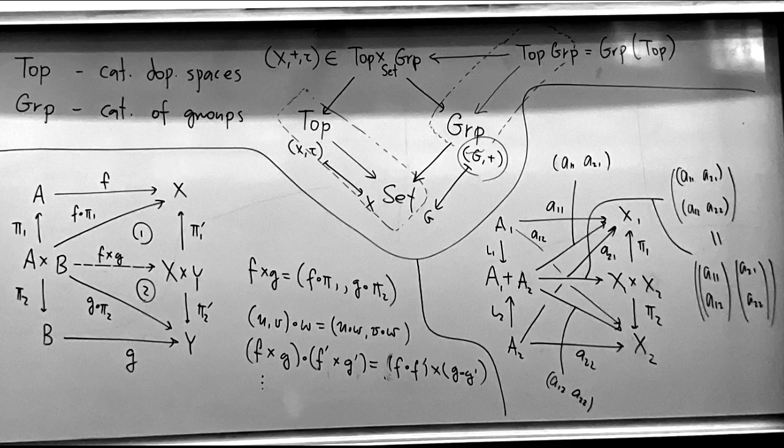I could have also done it the other way around. I could have thought of this as a morphism out of the coproduct and then considered this composite instead. If I had done that, that would have given me a different decomposition, namely A11, A12 as a column, and A21, A22 as a column as well.